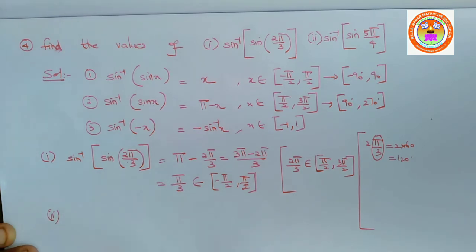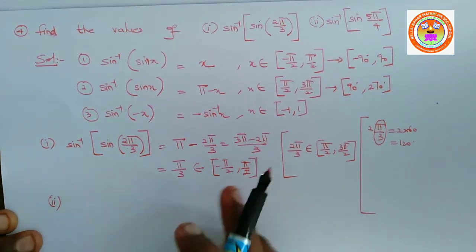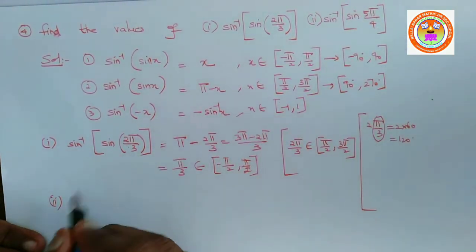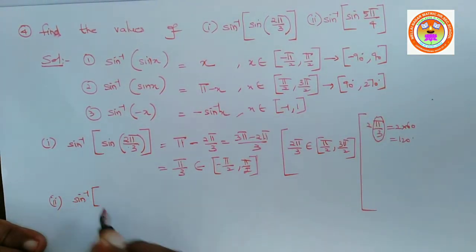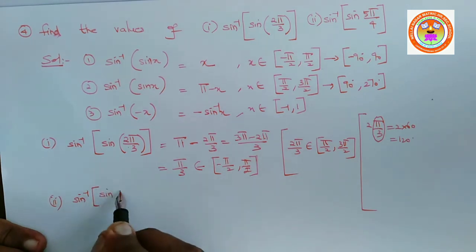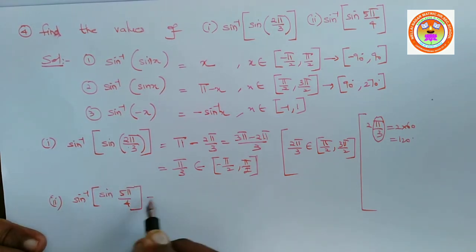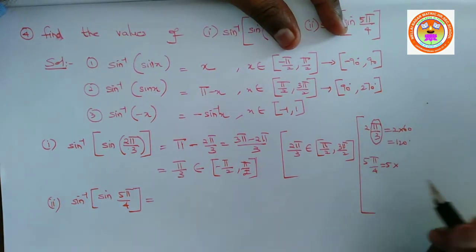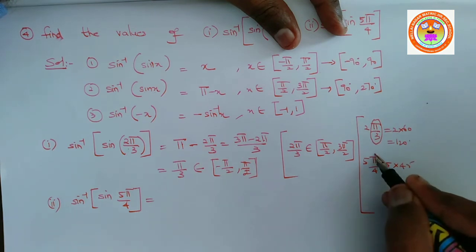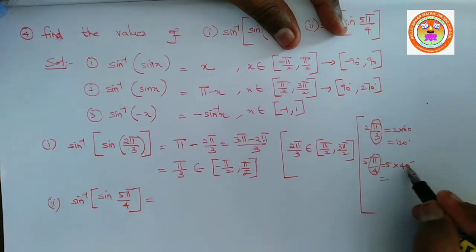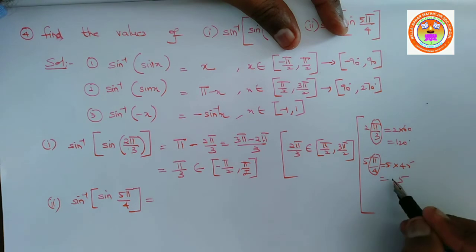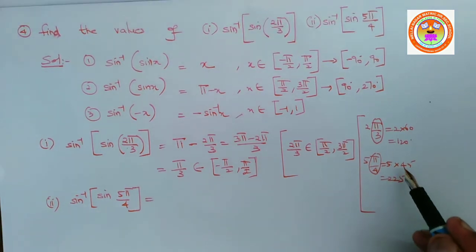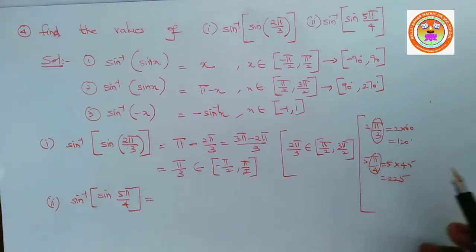Now the second subdivision is sin inverse of sin 5π/4. Multiplying 5 into 180 by 4, that is 5 into 45, gives 225. Checking once again: 5 fives are 25, 5 carry over 2; 5 fours are 20, plus 2 is 22, so 225.